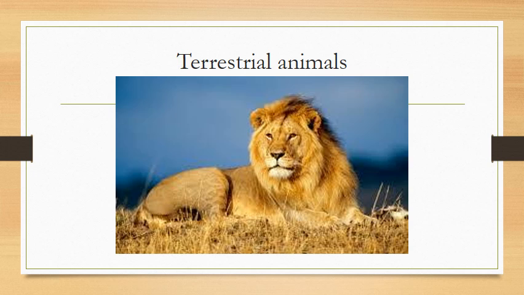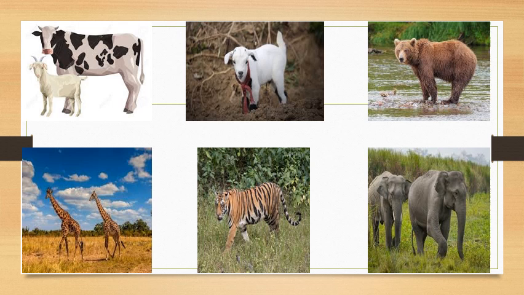Okay. So again, terrestrial animals, those that live on the land. Cow, goat, bear, giraffe, tiger, elephant, they all live on the land. So these animals are all known as terrestrial animals.